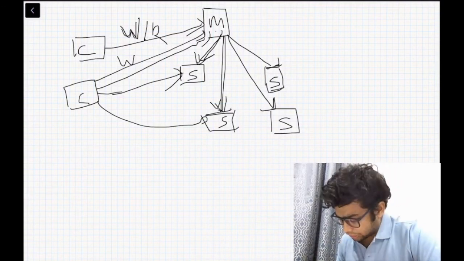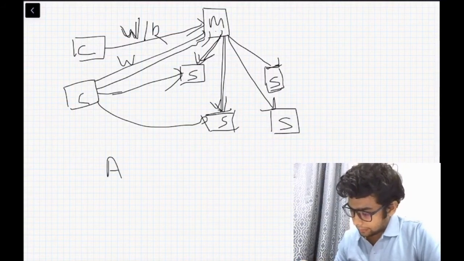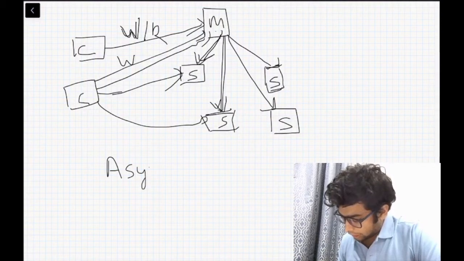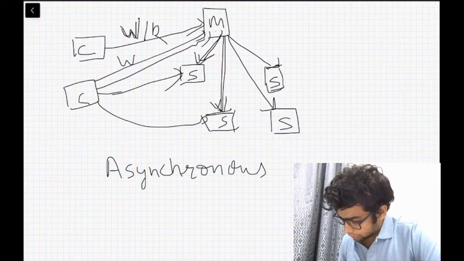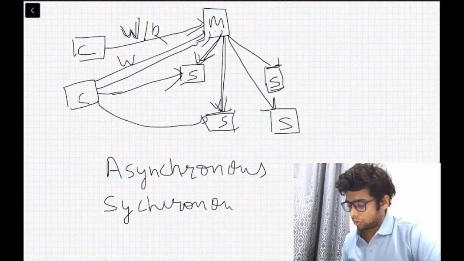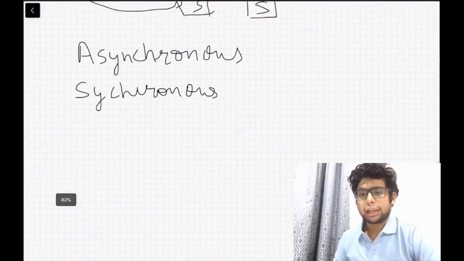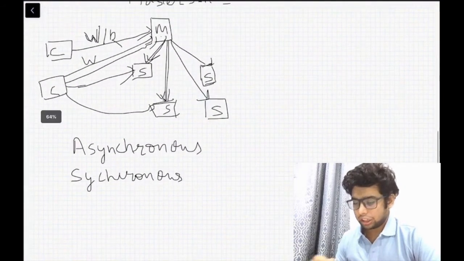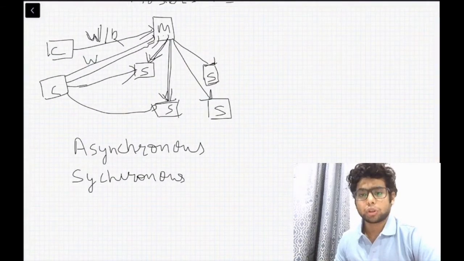One is asynchronous, and another would be synchronous. What happens in synchronous is that, let's say we do a write to our database, it waits to replicate it to each and every slave and then only responds that the write has been completed.